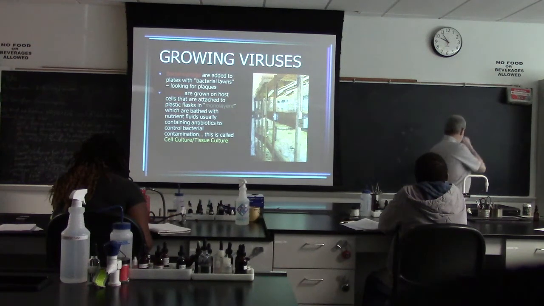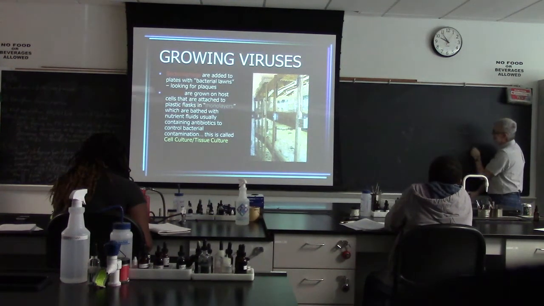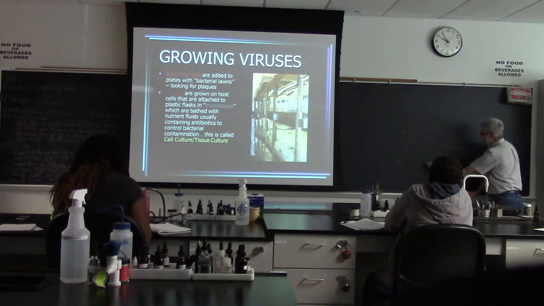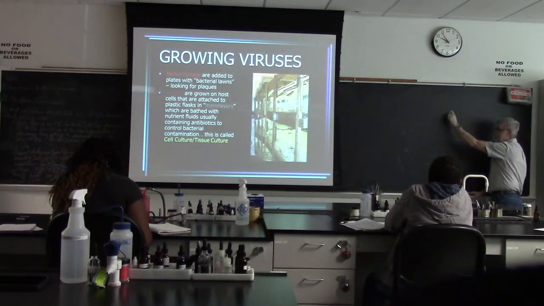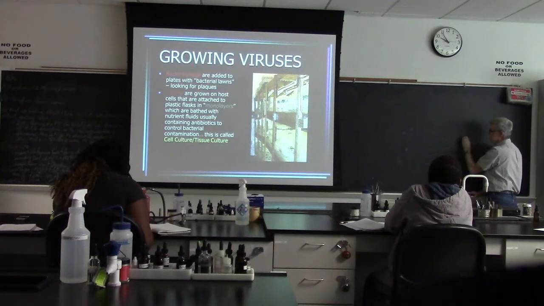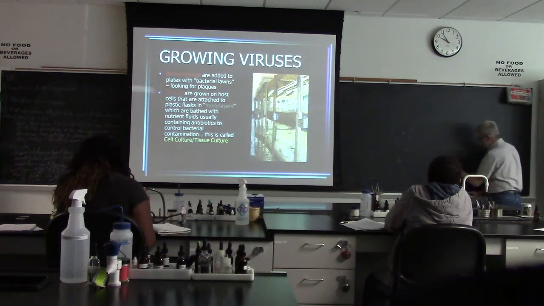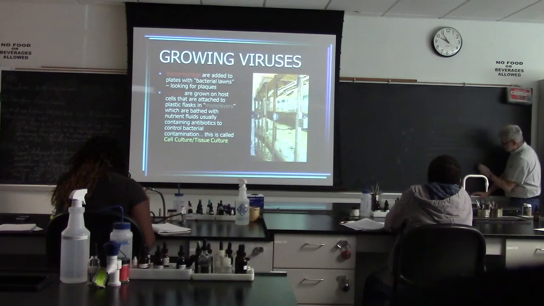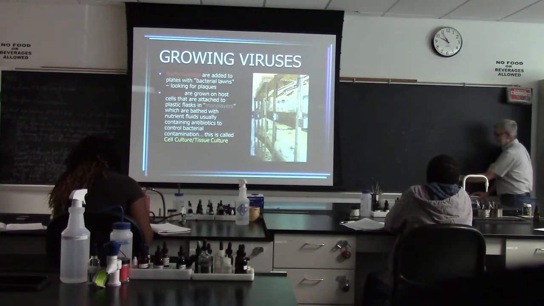It has these little drains, so if you pour the fluid in up here, it slowly rolls down and then drains out there. And you can grow a lot of cells in a cell hotel.